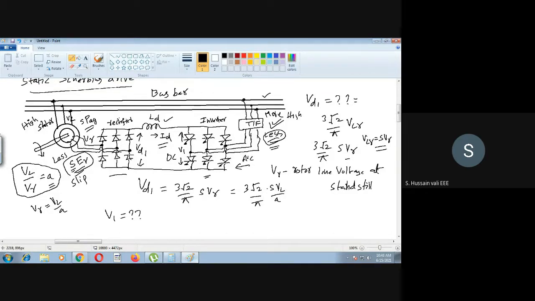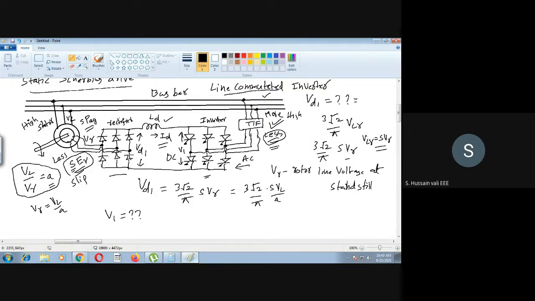Just take an assumption. In that full converter, we have studied that a full converter can be used as a line commutated inverter. Just recall this word, line commutated inverter. See, this inverter output is connected to the lines.